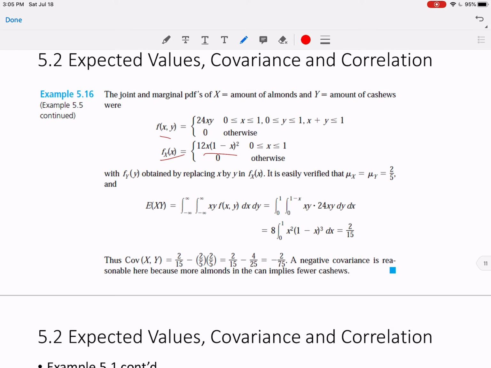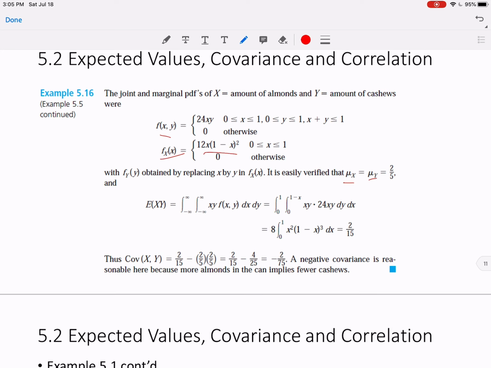And of course, we can calculate both mu x and mu y by doing the integration. The mu sub x is going to integrate, since the interval of x is 0 to 1, x times f.